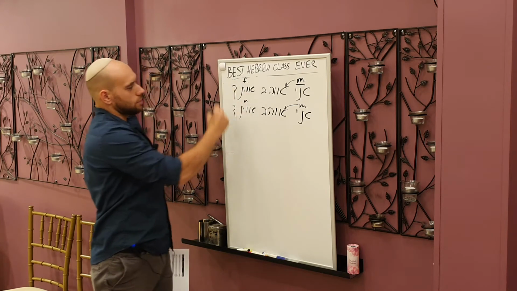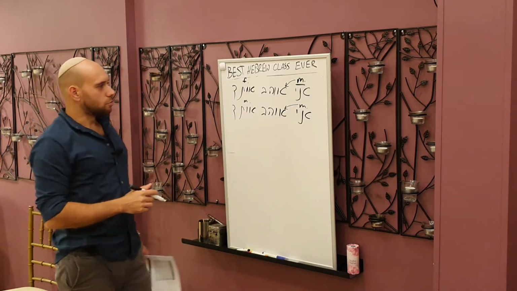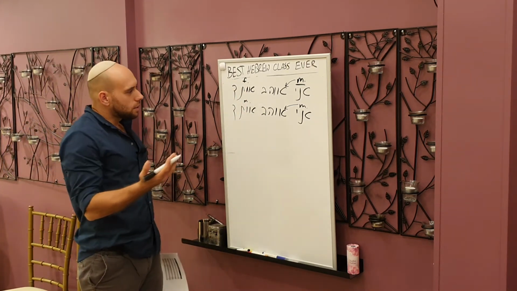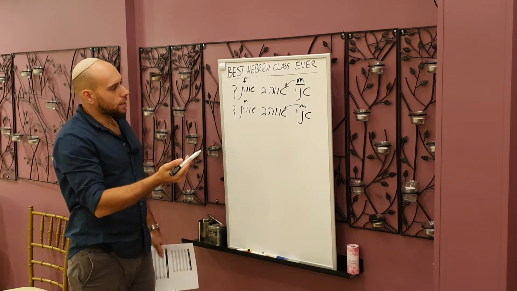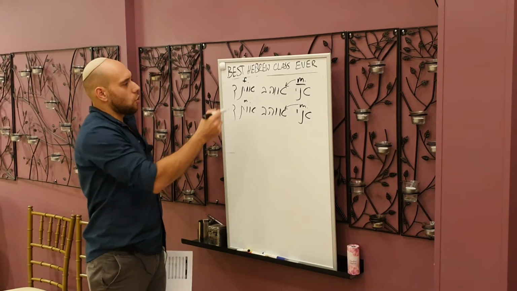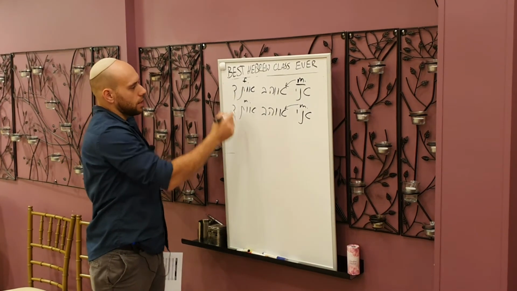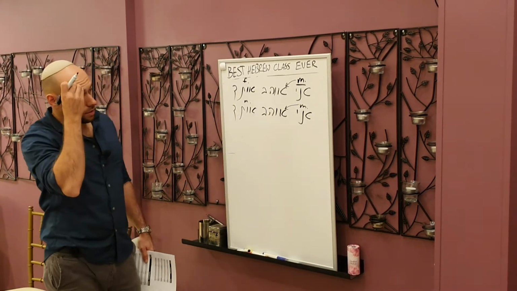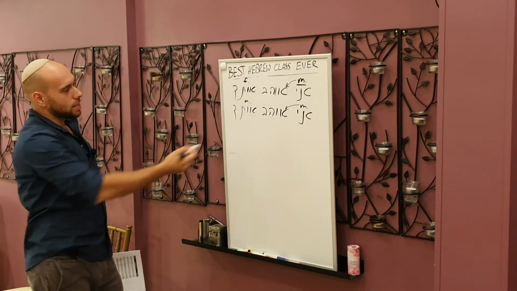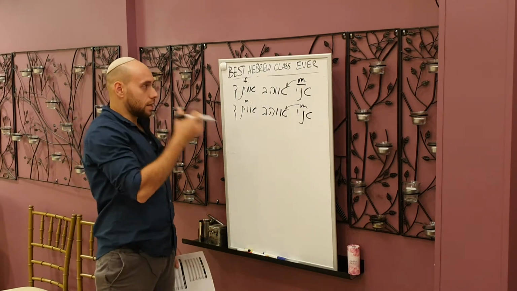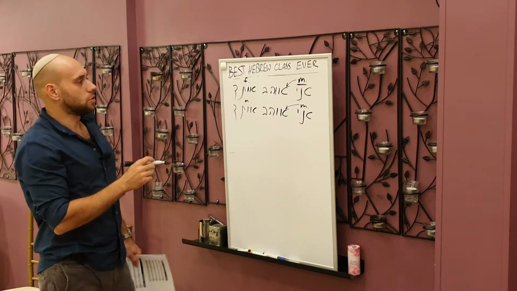This doesn't tell you anything from reading it because it can be pronounced otach or otcha. Otach is feminine and otcha is masculine. But they mean the same thing, and they're written exactly the same when you're not using any nekudot, any dots to designate the vowels.